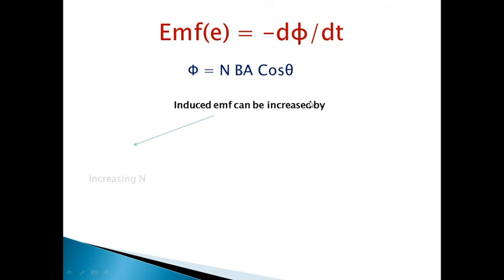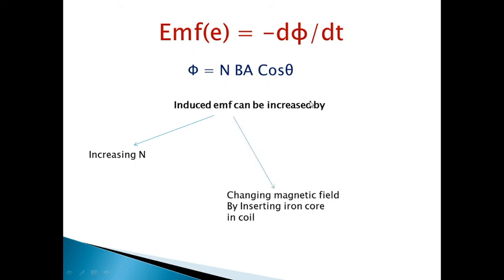One way is increasing the number of turns. Another way is changing the magnetic field by inserting an iron core in the coil. Iron is a ferromagnetic material, so its permeability is mu, so the magnetic field inside will become many times higher. The third point is changing the area of the coil.